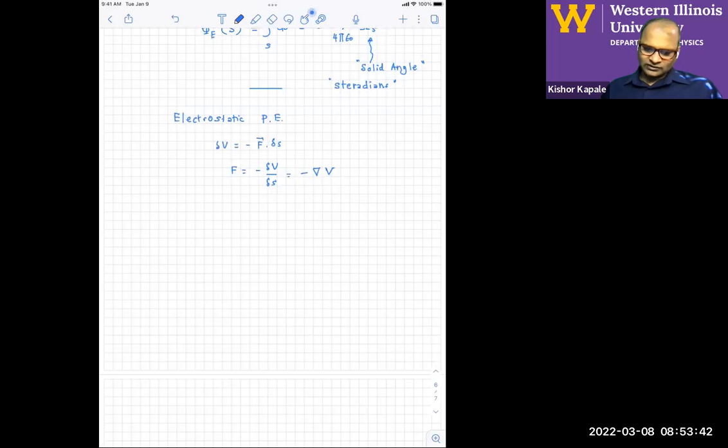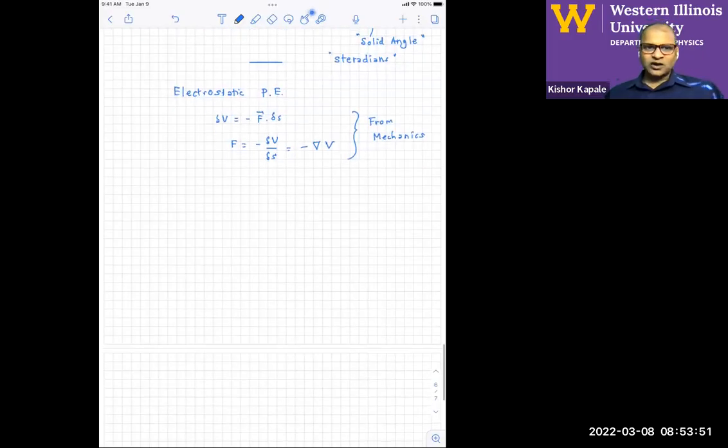And now, you connect, so this is from mechanics, right? We know this. And so similar ideas work for electrostatic situations as well. Now let's connect this with the Coulomb force.